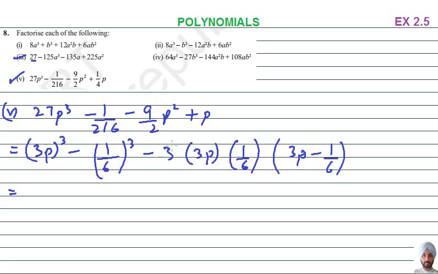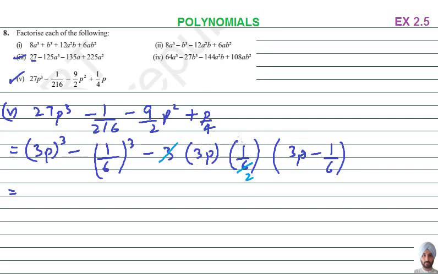So if I solve this, you will get 3 into 3p upon 6. Okay, so I'm just going to do it, then I will erase it. You need not do this. I'm just demonstrating to you that it will change to 9 by 2 p square plus 1 by 4 p. Okay, so 3 2s are 6, so 3p upon 2, 3 3s are 9, p into p is p square, so 9p square upon 2, correct.